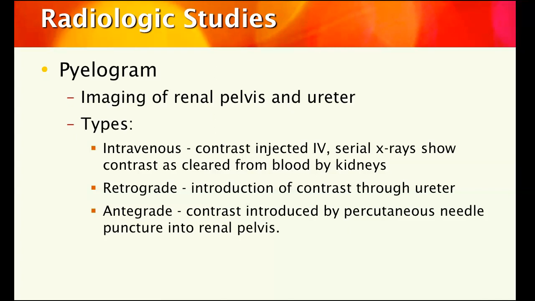Retrograde means that they introduce the contrast through the ureter. Antegrade, the contrast is done by a percutaneous needle puncture into the renal pelvis. So pyelograms are most commonly going to be IV contrast through an IV, but there are other methods that they can use to accomplish this test as well.